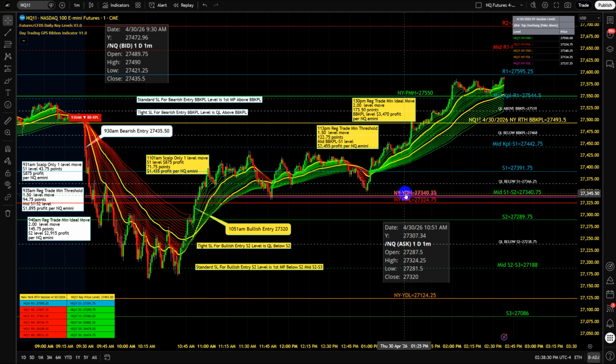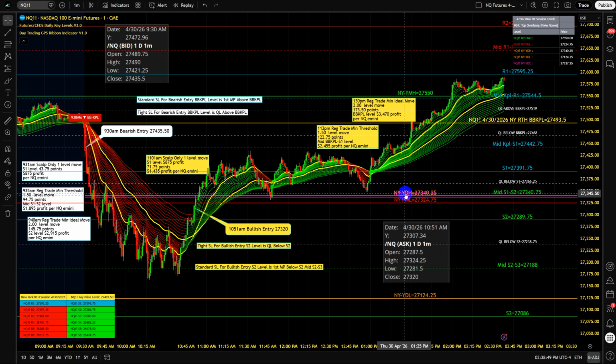With this indicator, there are two different types of trades that you can take. One is scalp-only trades. Within the scalp-only section, there are two different scalp-only trades. One is a regular scalp-only trade, which requires a one-level move in your favor for 100% exit of your contracts.